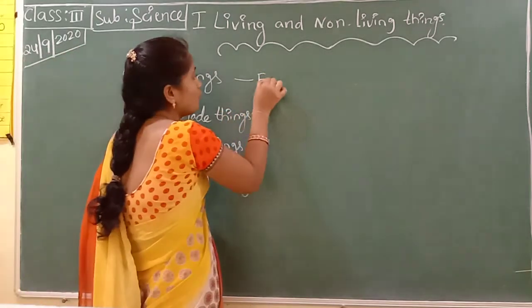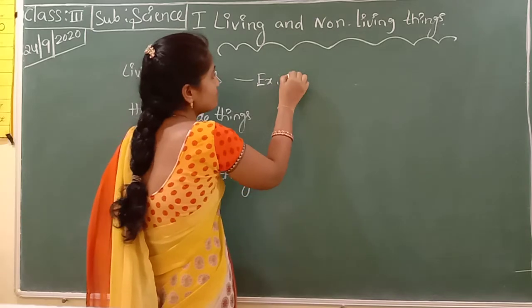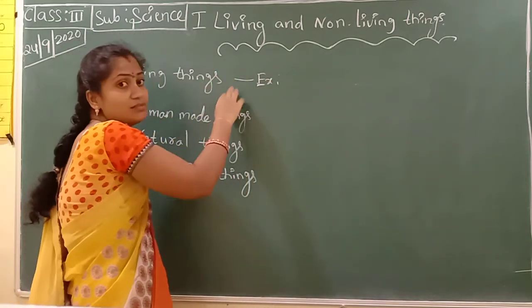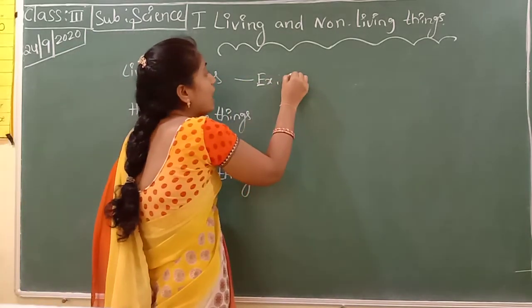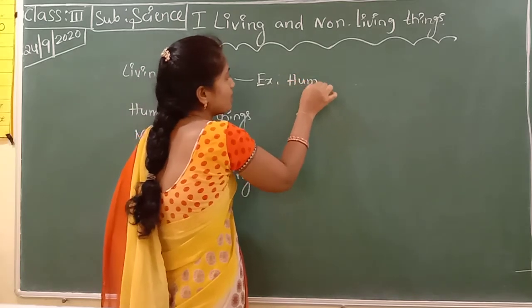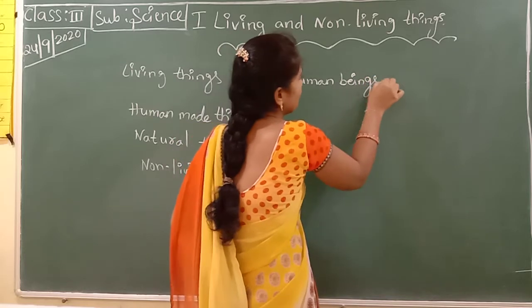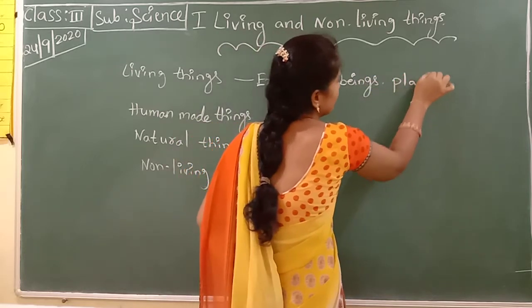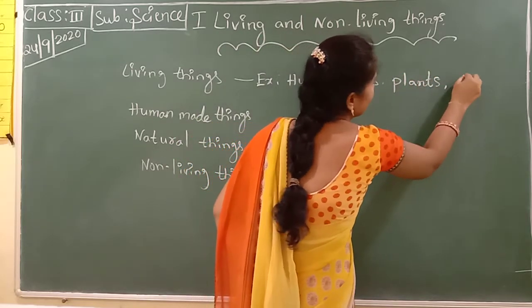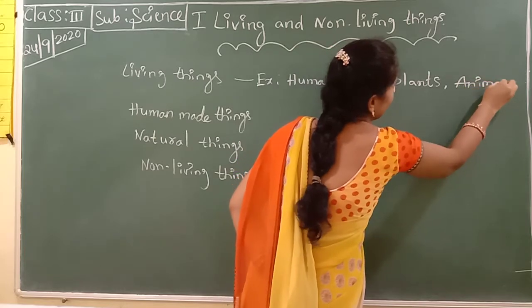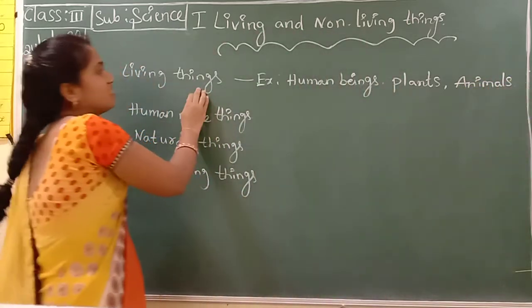So for example, what is this? Living things means human beings, plants and animals. These all are living things.